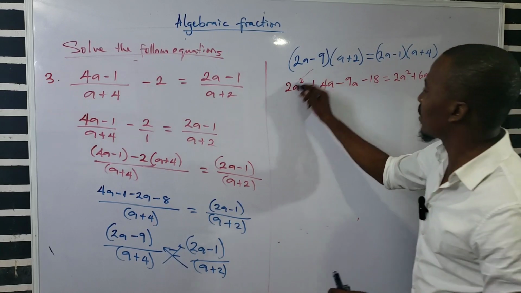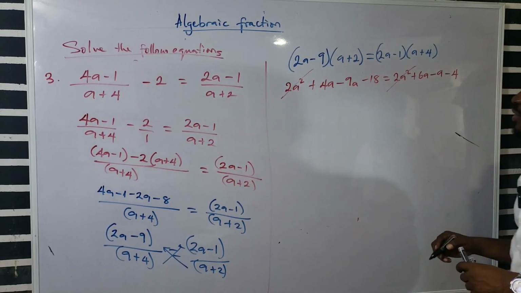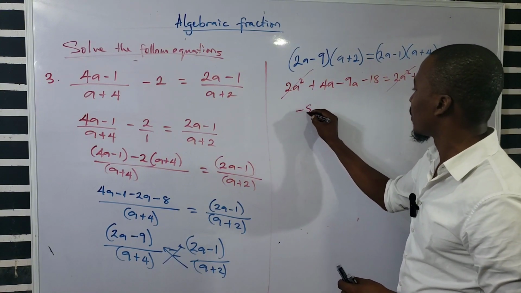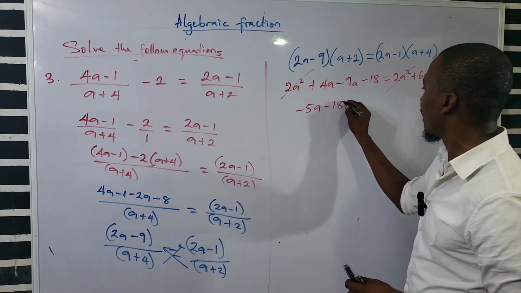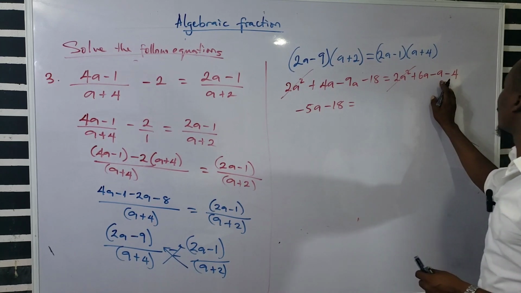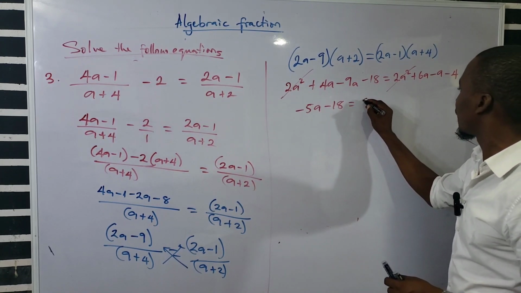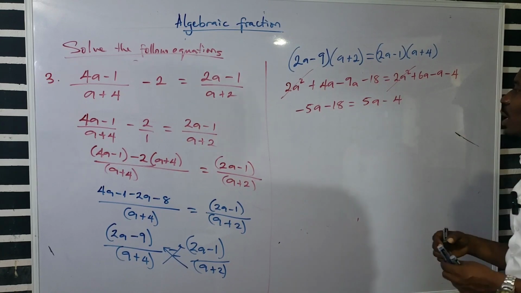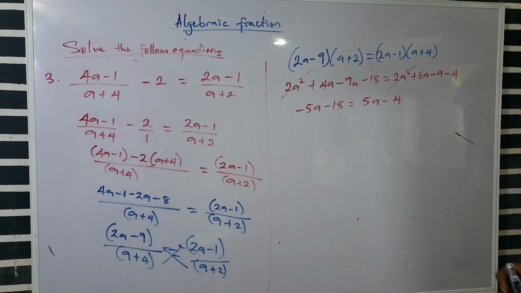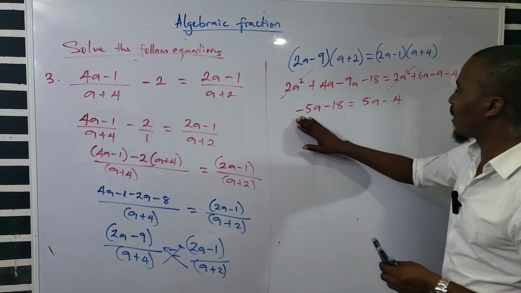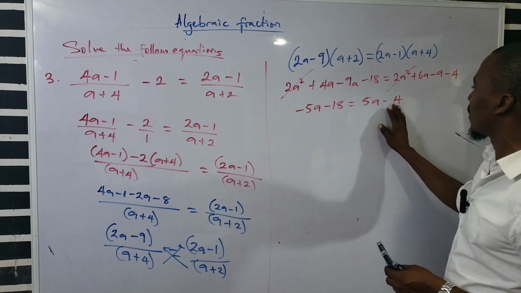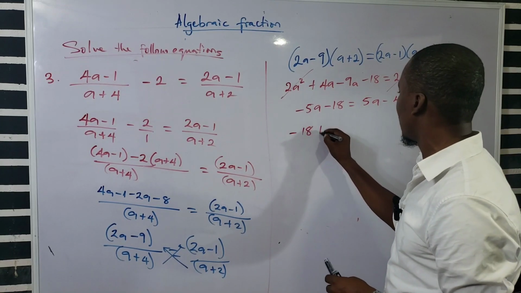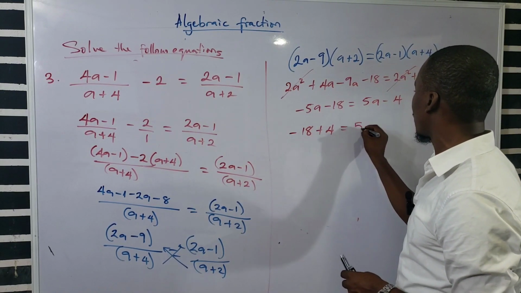Okay, so you can see 2a squared, 2a squared can go. So these two here will give us minus 5a minus 18 equal to, these two here will give us 5a minus 4. Okay. So, like I always do, the smaller variable come here, the number move out. So that will give us minus 18 plus 4 equal to 5a.